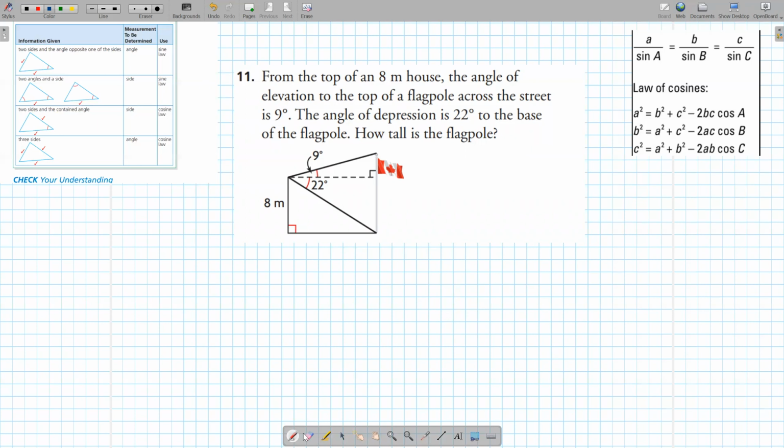What's the plan of attack? We're trying to find the height. Add the 22 and 9? Yeah, sure you can. That'll give you 31. The whole thing is going to be 31. But how does that help us? We don't know any of the sides of that triangle.